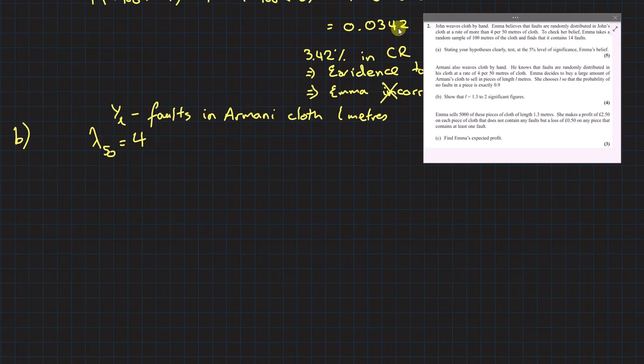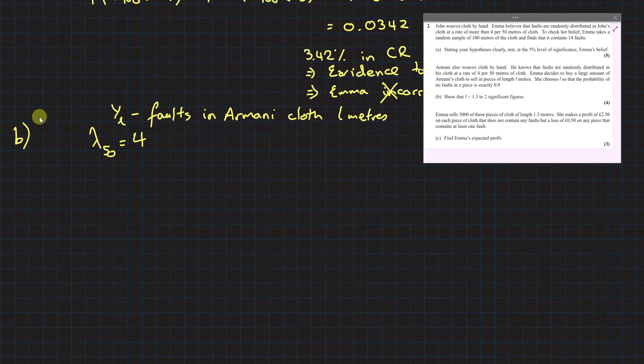And Emma decides to buy a large amount of Amani's cloth to sell in pieces L meters long. She chooses L so the probability of no faults is exactly 0.9. The problem people have with this is trying to work out how this structure works.